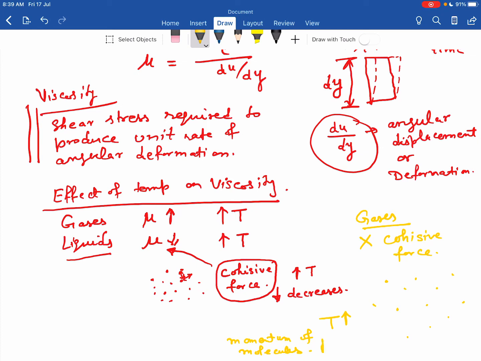Due to this increase in momentum, the molecules move faster, their velocity goes on increasing, and they strike each other at a faster rate. So when gas flows, this striking of molecules reduces the chances of flow. That resists flow. So in the case of gases, when we increase the temperature, viscosity also increases. The resistance to flow also increases. So this is the effect of temperature on viscosity.